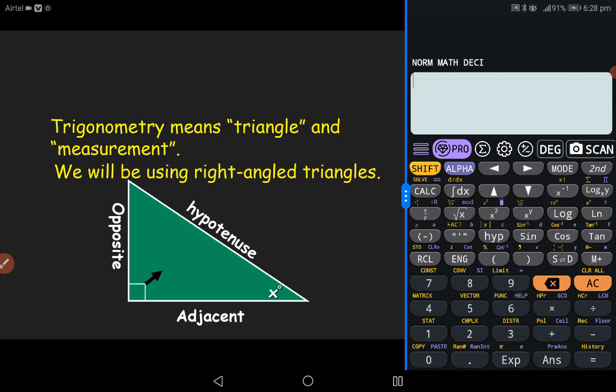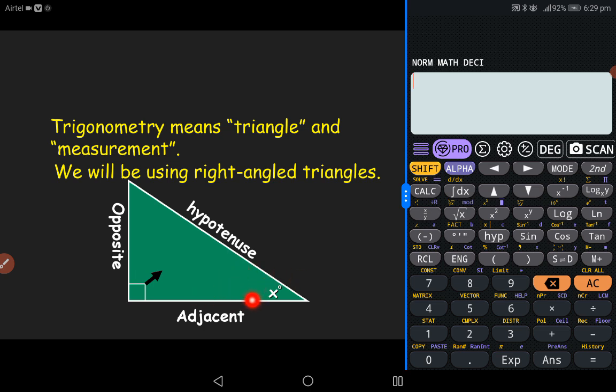So we have three types of sides in a right-angled triangle with respect to a given angle. We have the given angle X and a 90-degree angle. The side directly opposite the 90-degree angle is the hypotenuse side. The side opposite the given angle, which is less than 90 degrees, is the opposite side.